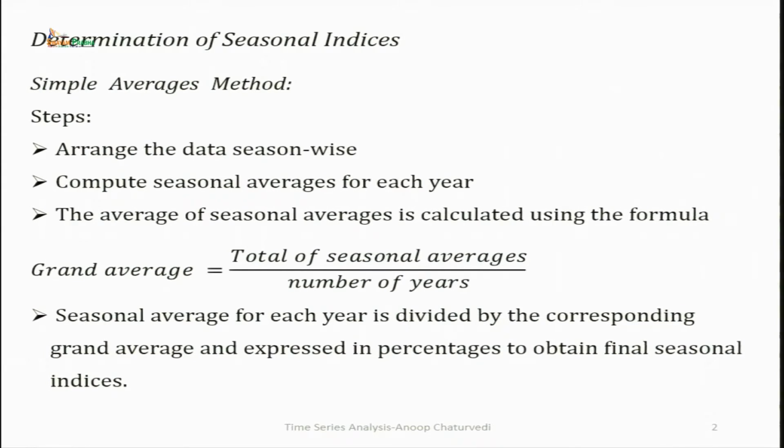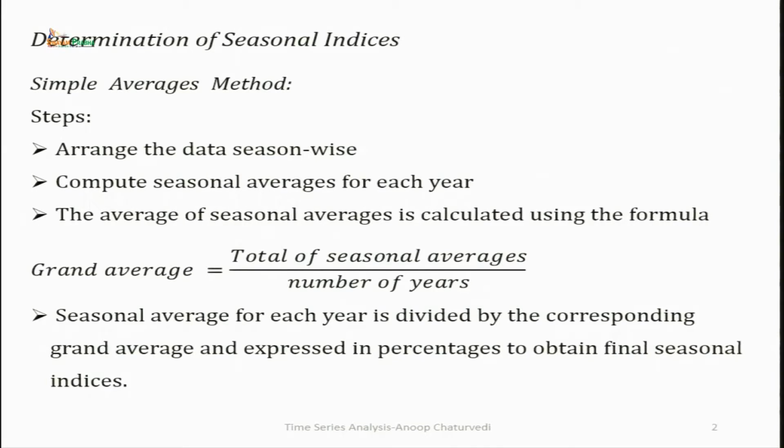Then you compute averages of all the seasons for each year, means all the quarters for 2011, 2012, etc. Then the average of seasonal averages is calculated using the formula: grand average equals total of seasonal averages upon number of years.